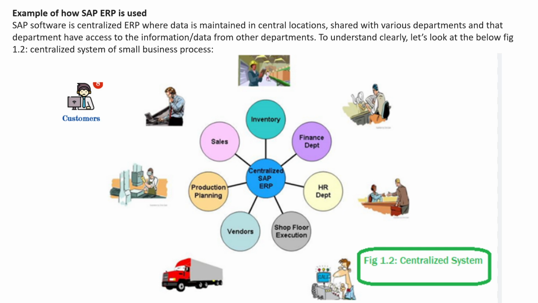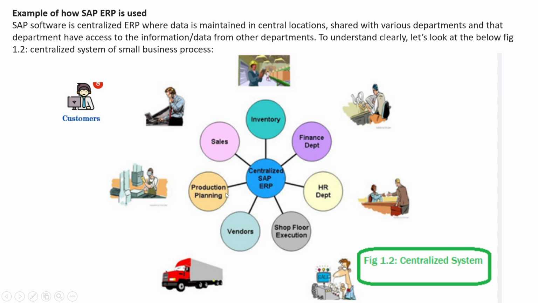If the product is not available, then the sales department will update their requirement in the centralized SAP system. Then the production planning department is updated with this requirement, which was updated by SD in the centralized SAP ERP system.